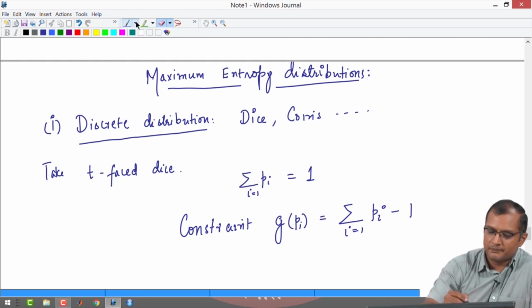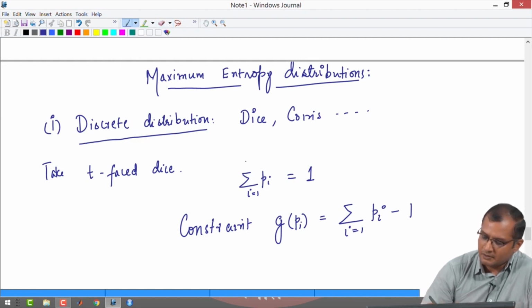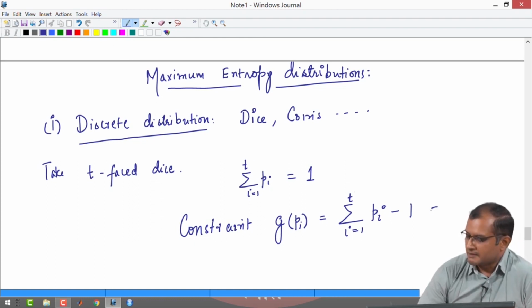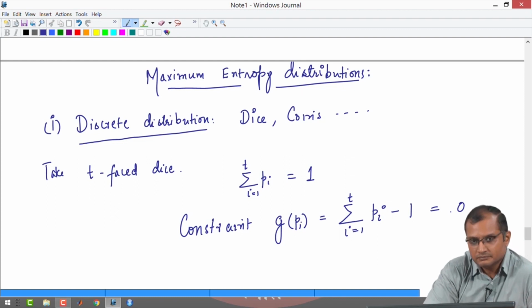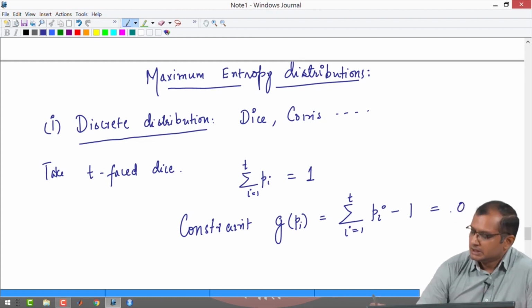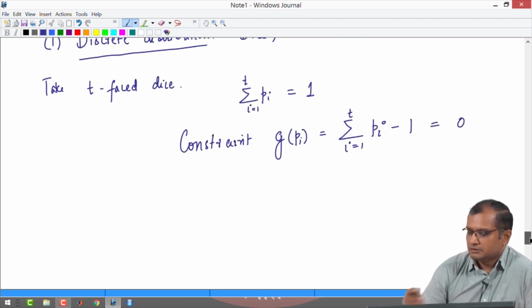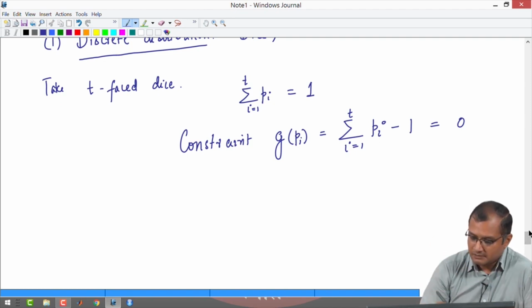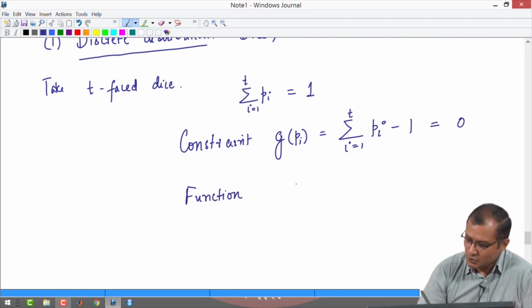Okay. You can take T to be 6, I am leaving it as a variable. So, this is my constraint, okay. And my function that I want to extremize or maximize is basically the entropy.